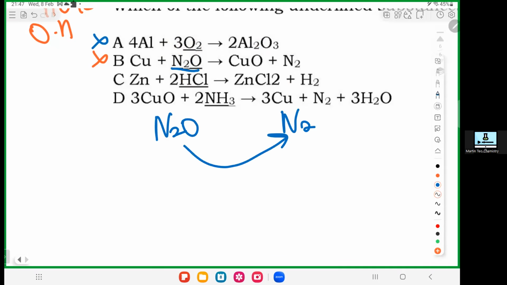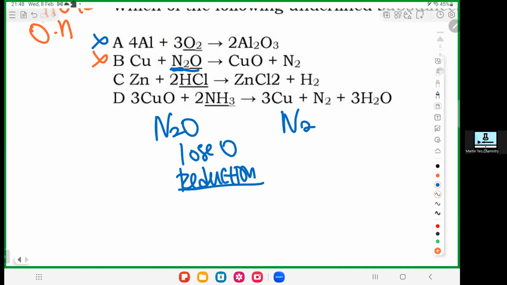If we use the oxygen method that we learned last lesson, on the left the nitrogen is sticking with O, on the right the nitrogen doesn't have O. So what happened? It lost oxygen. When you lose oxygen, what process is happening? Reduction. So when you undergo reduction, you are the oxidizing agent. If you want to use the oxygen method, you also can. No problem.